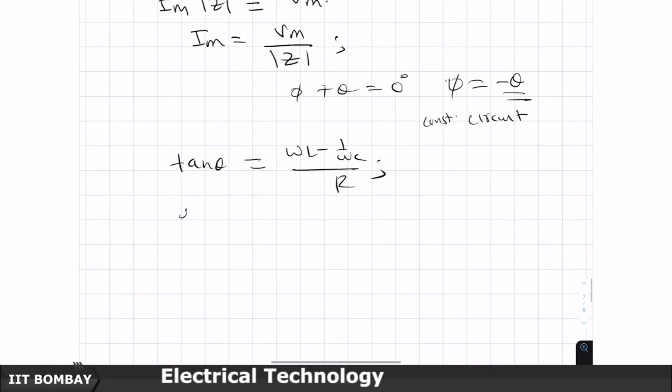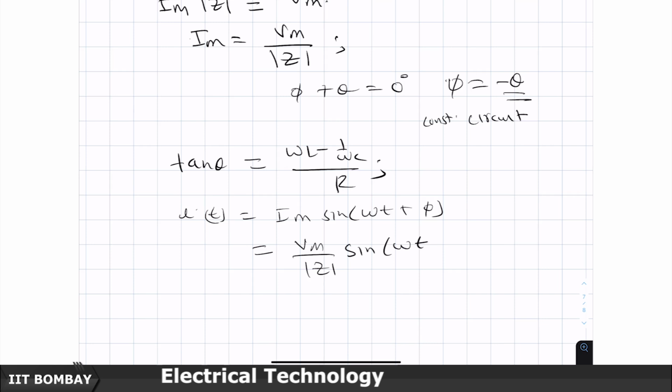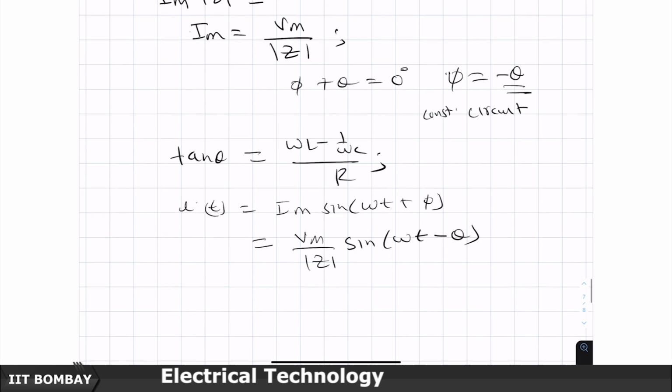So, i of t, which is equal to Im, which in our assumption was Im sin of omega t plus phi, will become equal to Vm by modulus of Z, the impedance, times, this phi is nothing but minus of theta, so sin of omega t minus theta.